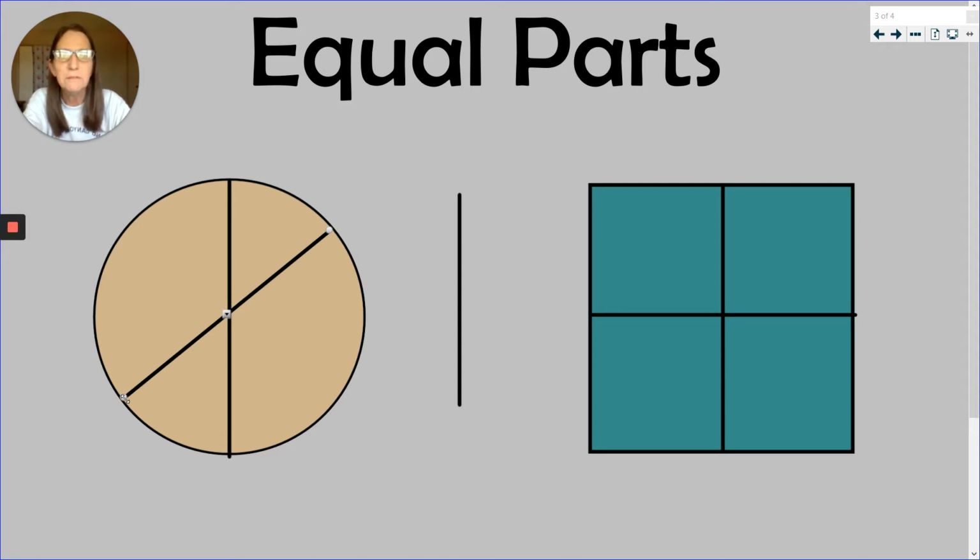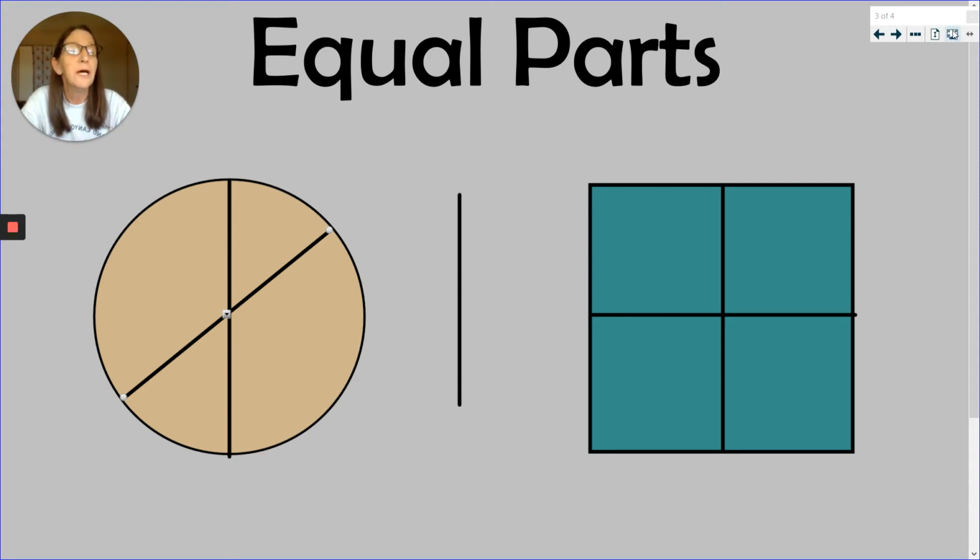Are those equal parts? No, look how much bigger these 2 pieces are. That would be my piece for sure, huh? So we have to make sure that we have equal parts. And remember, equal means they're all the same size. This one has equal parts. This one does not have equal parts. We got it? Cool.